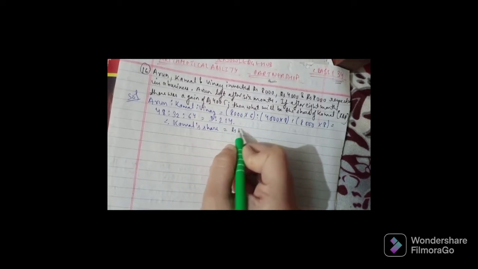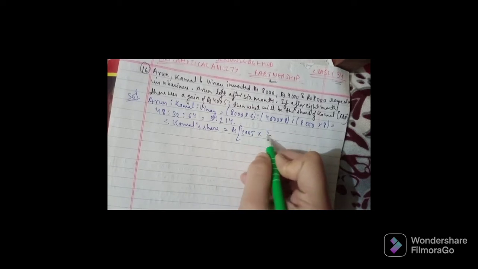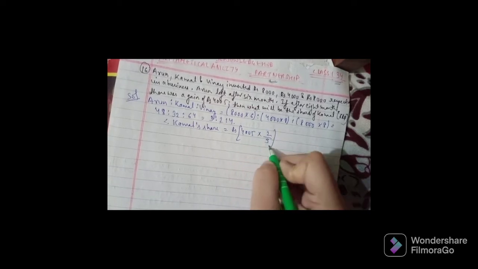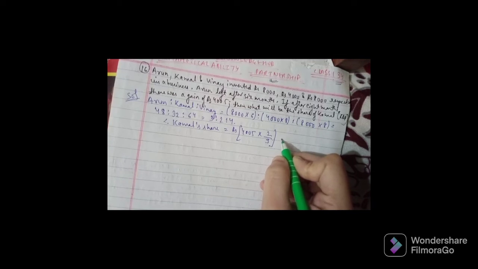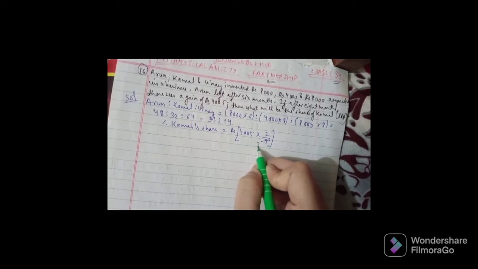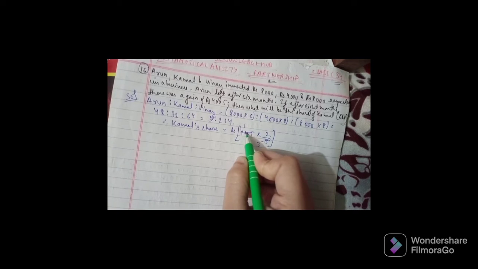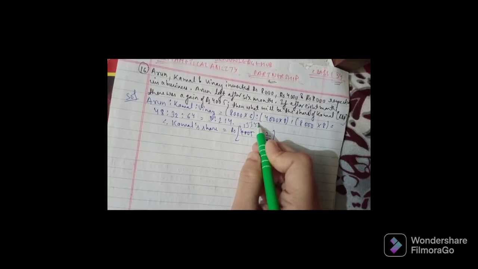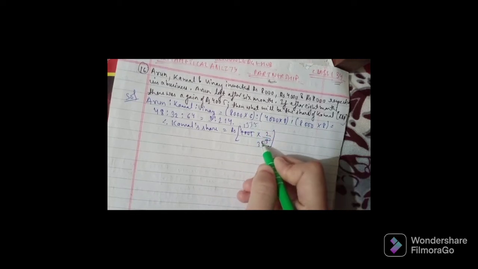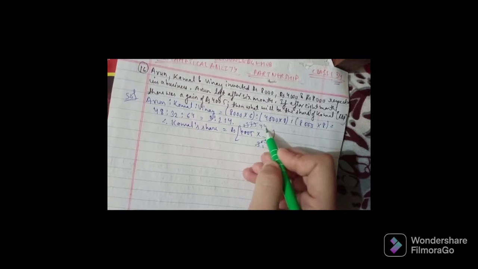So Kamal's share equals rupees 4,005 into 2 by 9. Three 3s are 9, and three 1s are 3. Again, three 3s are 9, and three 5s are 15. Then 3 will cancel out; three 1s are 3, three 4s are 12, and three 5s are 15.